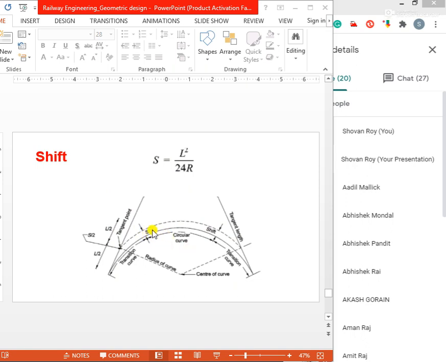This shift is a very important term, and it could be asked anywhere in your viva as well as in your exams. You may be asked what is shift.